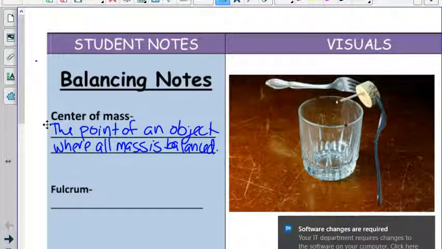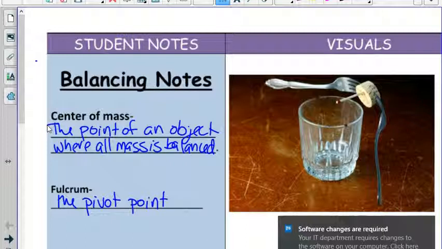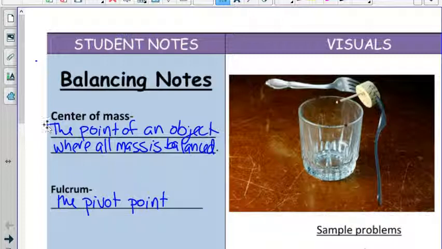Now the fulcrum is also known as the pivot point. So the fulcrum is the point at which something can be pushed and it will move over that point. So for example, in humans, the fulcrum would be in the area where their center of mass is. It's the pivot point where you can pivot over.